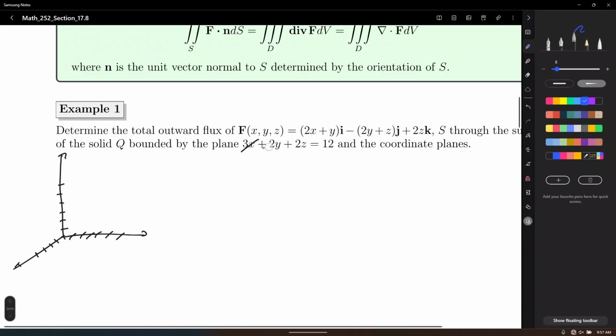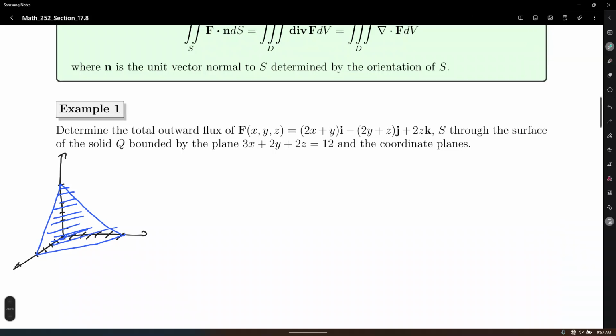All right, let's graph the plane this way. And of course, notice the additional information about the coordinate planes. The coordinate planes, which are the bottom, that's the xy plane, which is z equals 0.